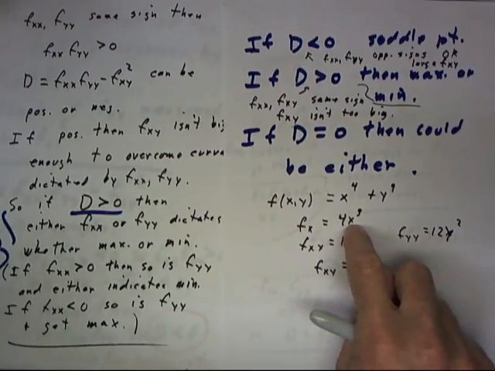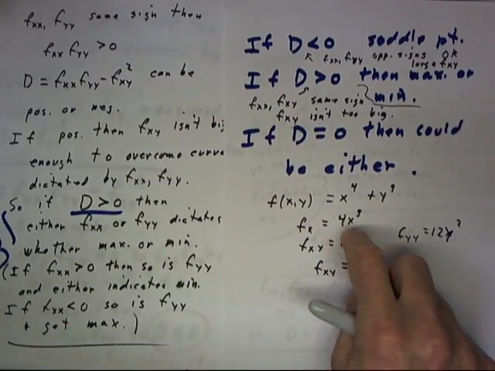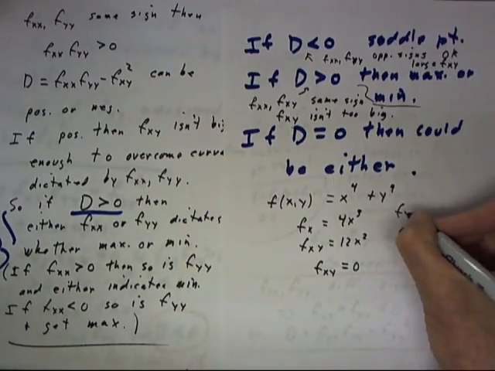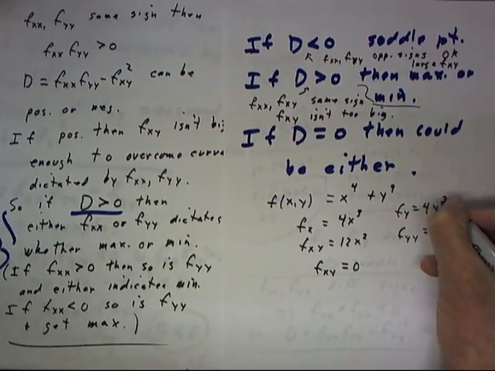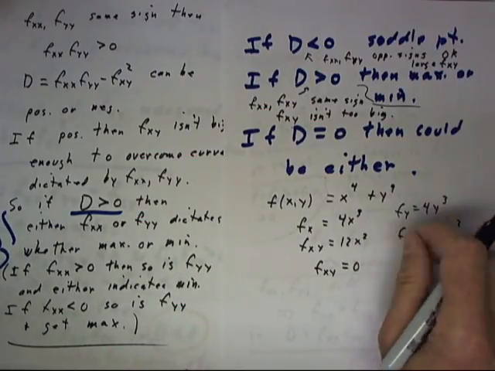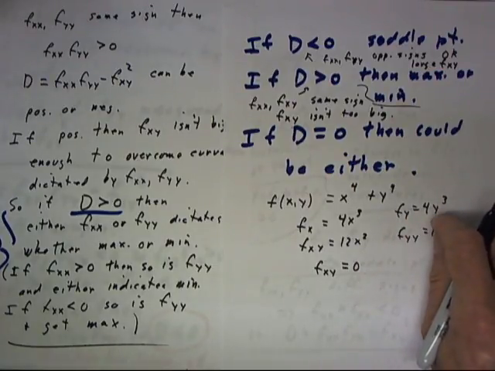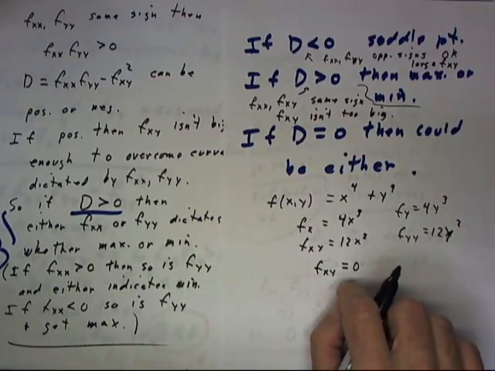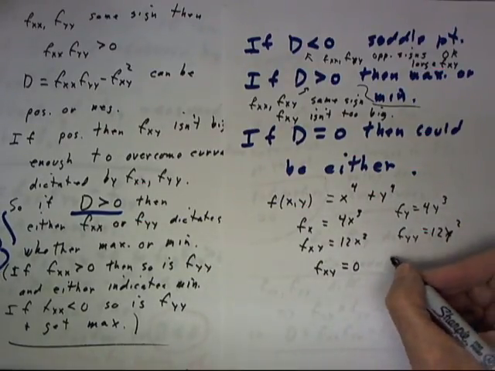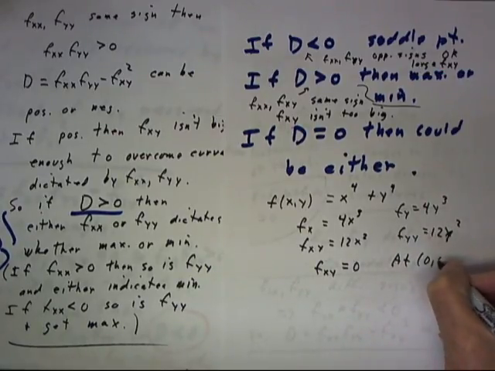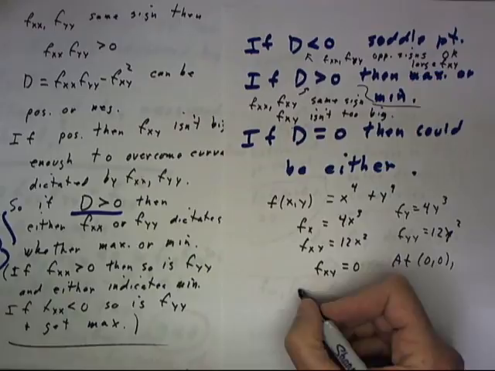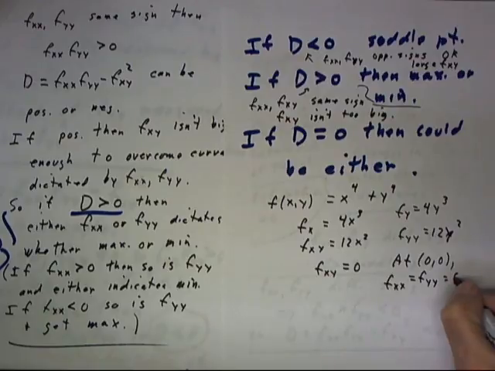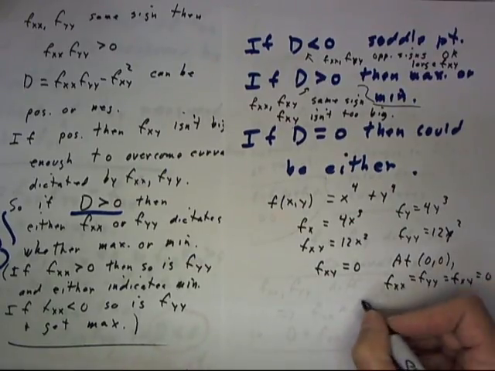The y derivative of fx is 0, x being constant in that case, and the y derivative of fy, which I might as well write down, fy is 4y cubed, and the x derivative of fy, y being considered constant for the x derivative, is going to also be 0. At the point 0, 0, we have fxx equals fyy equals fxy equals 0.